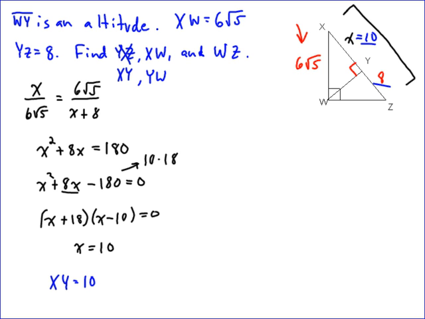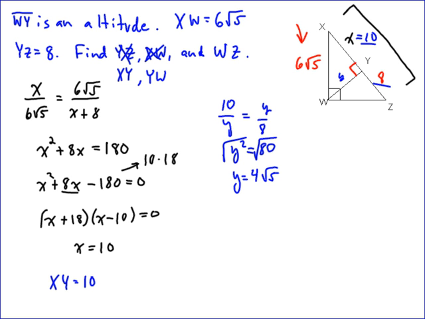And so you look at these 2, and when we're trying to find these, YW is just going to be the geometric mean of those 2, so let's call this Y, and so it's going to be 10 over Y equals Y over 8, so Y squared equals 80. Take the square root of both sides, and you get Y equals 4 root 5.